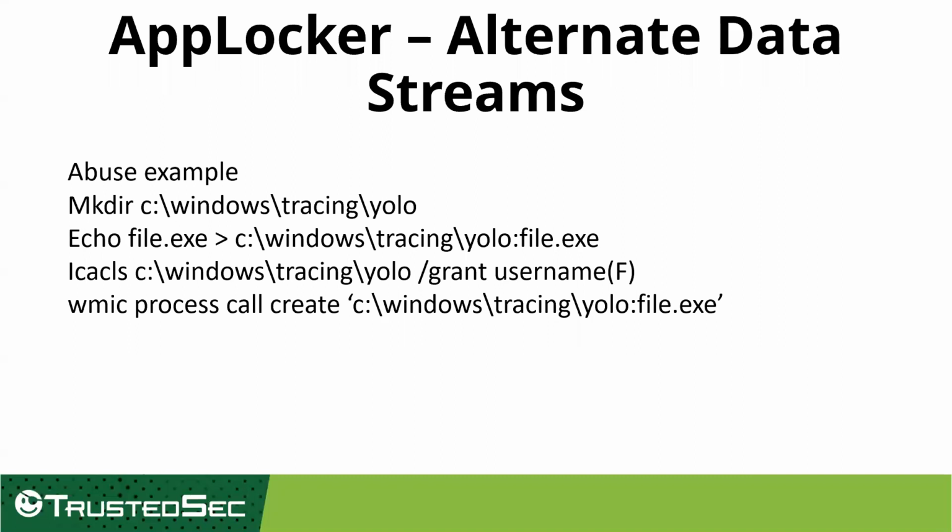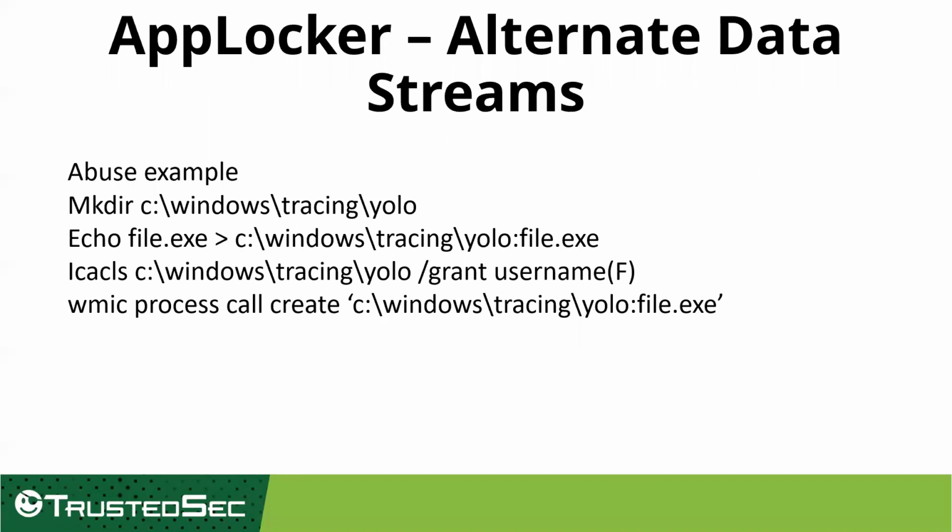And then when you've granted enough permissions, you can use WMIC to call a process by using the parameters process call create, and then point it to the NTFS data stream. And it will magically execute the file from that folder. And if you look at the folder in Explorer, it will not show that it increased in size because NTFS hides it in a stream.